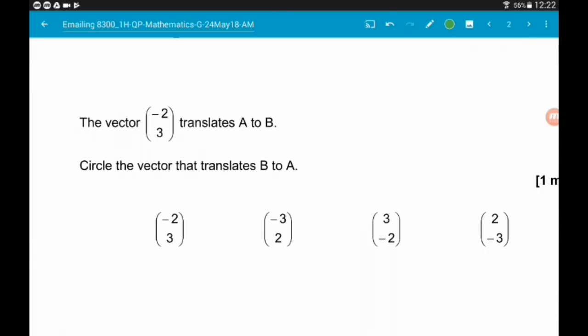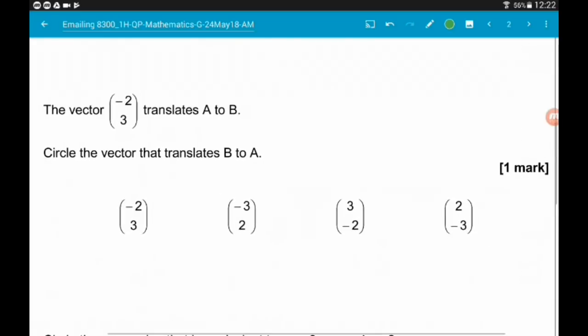So we need to do the exact opposite of that to get back from B to A. So we need to go 2 places right and 3 places down. So that vector is going to be 2, -3.